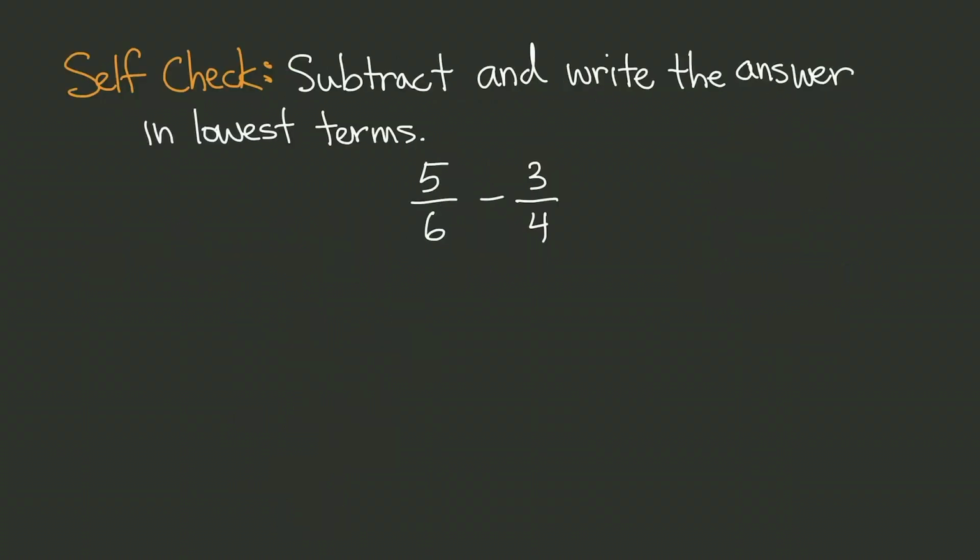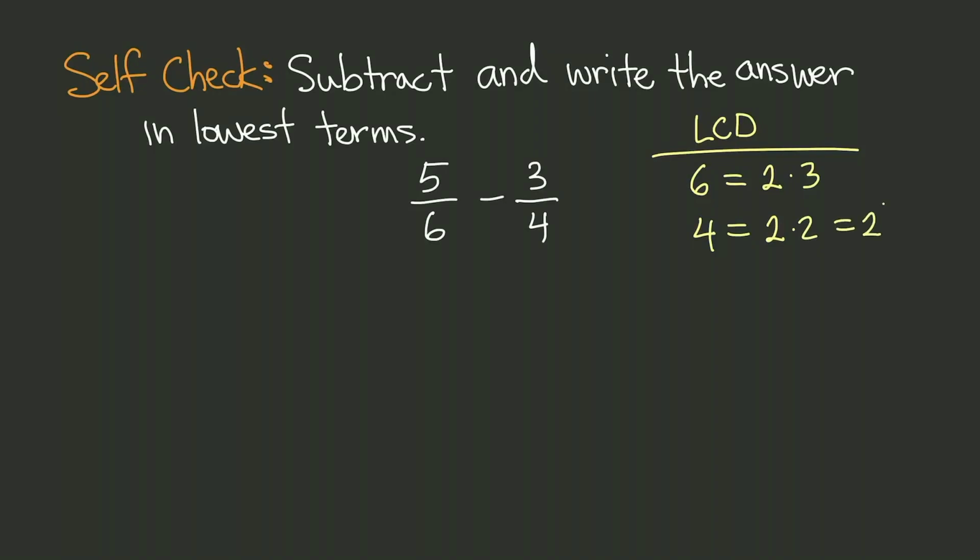Let's check for understanding. In this case, we're supposed to subtract and then write the answer in lowest terms. But you'll notice that we don't have the same denominator. One denominator is 6 and the other one is 4. So we need to find the least common denominator. So I'll factor 6. That's going to be 2 times 3. And then 4 is going to be 2 times 2, or in other words, 2 squared.